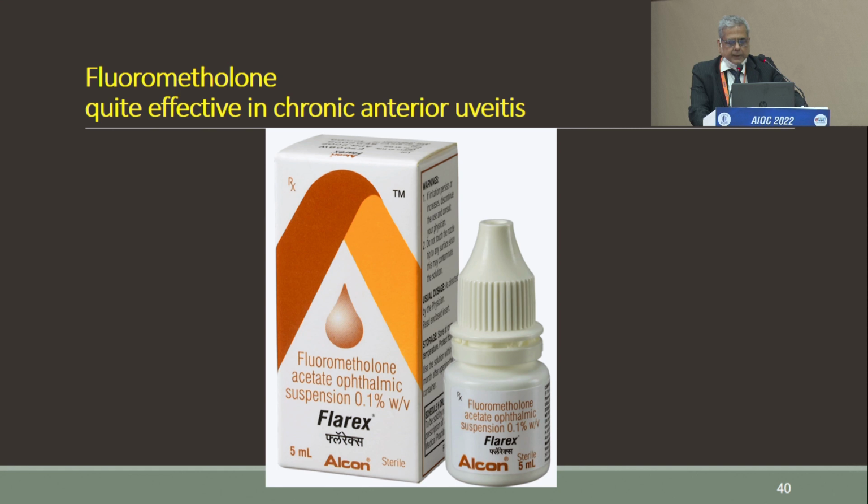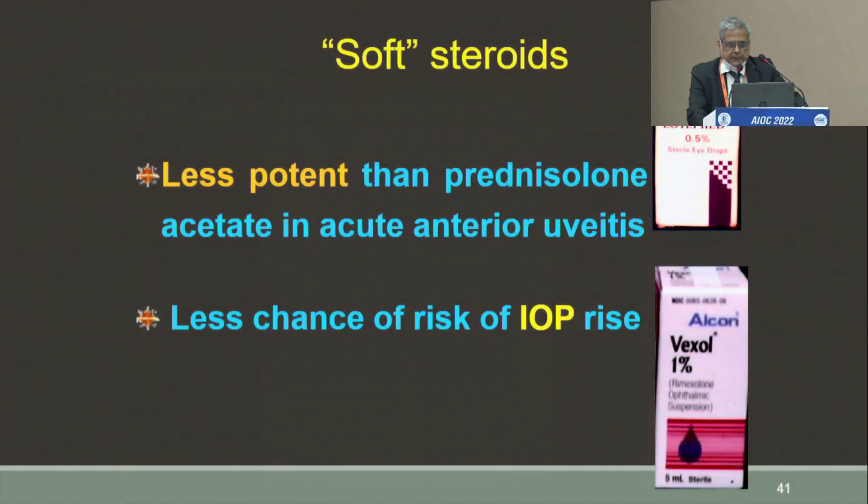Fluorometholone is quite effective in chronic anterior uveitis. I use it sometimes when the patient is having more glaucoma with topical steroid. So FML is sometimes useful to prevent the spike of IOP. Soft steroid like loteprednol can be used, but there is no role in acute anterior uveitis.